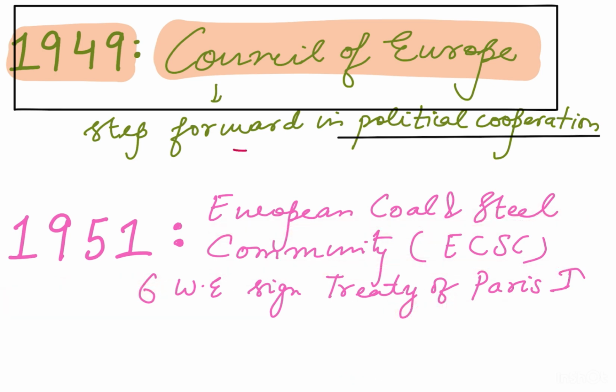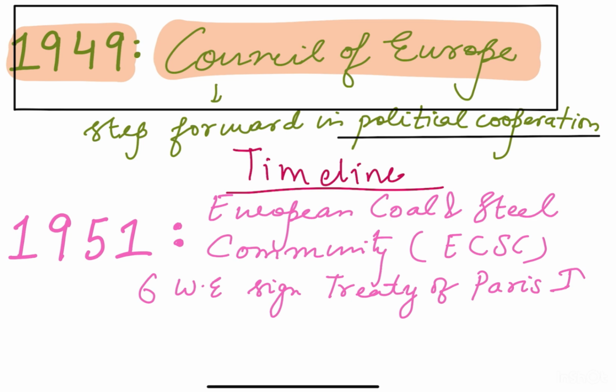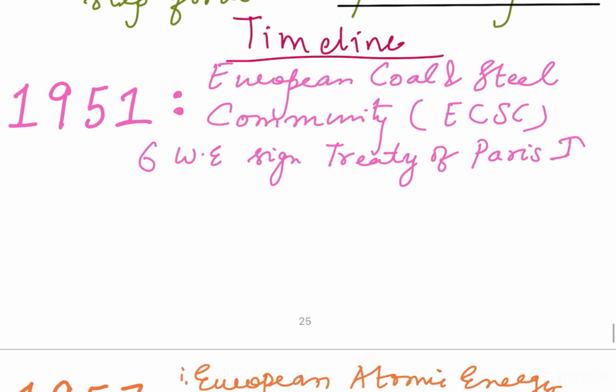From here we are basically studying the timeline of the formation of the EU, right? So in 1951, six Western European countries signed the Treaty of Paris and formed the European Coal and Steel Community.